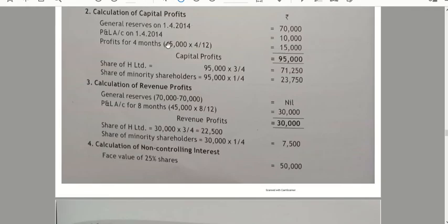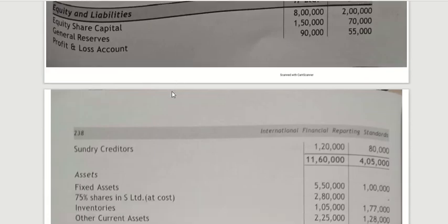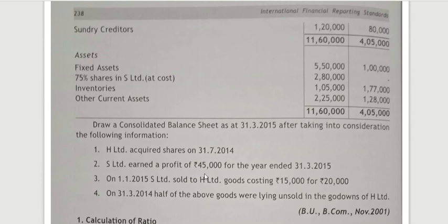So general reserve as on 1/4/2014 is 70,000. Profit and loss account as on 1/4/2014 is 10,000. And profit and loss account for the whole year, they have given as 45,000, which is till 31/3/2015.